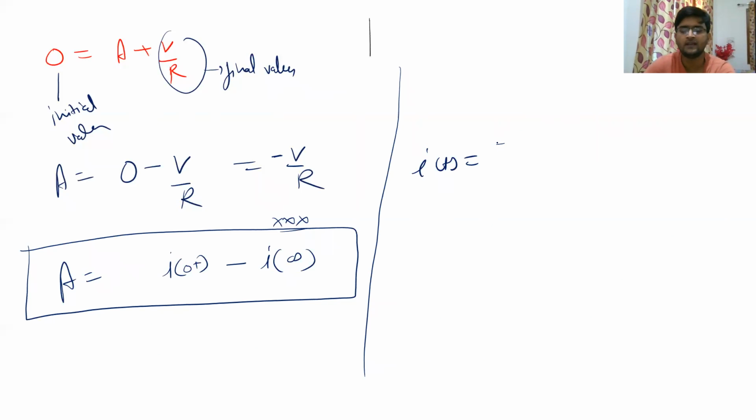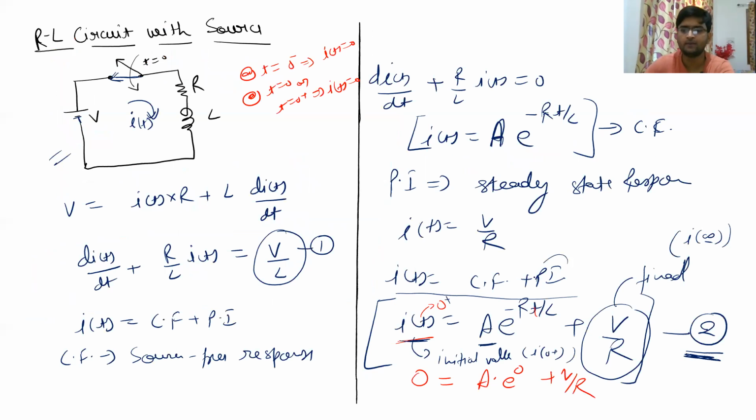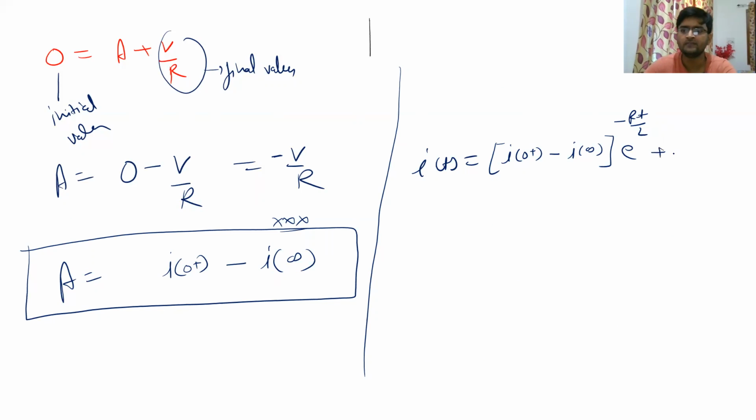Generally, we got A is equal to I 0 plus, which is initial value, minus I infinity, which is final value, e to the power minus Rt by L, and then what we did, we added particular integral, which is final value of the current, plus I infinity.